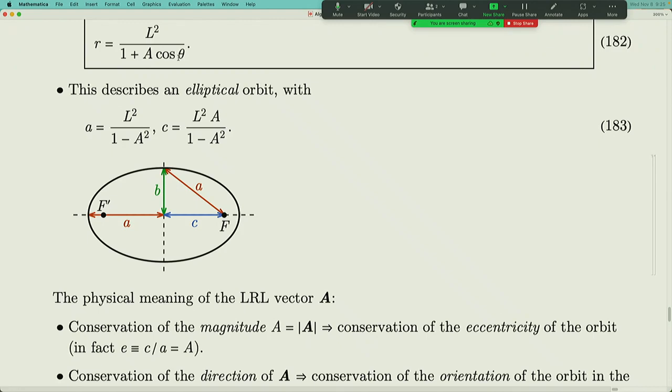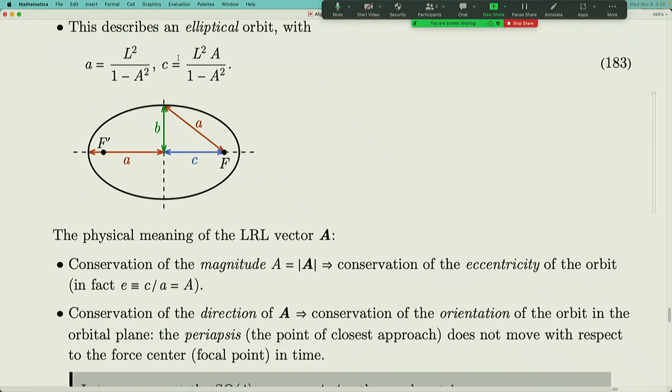The magnitude is actually conserved because the eccentricity of the orbit never changes when the planet orbits the sun or the electron orbits the proton. The fact is that the c over a ratio essentially is this capital A. And the conservation of the direction means the conservation of the orientation of the orbit in the orbital plane.